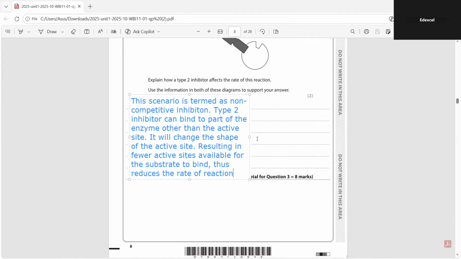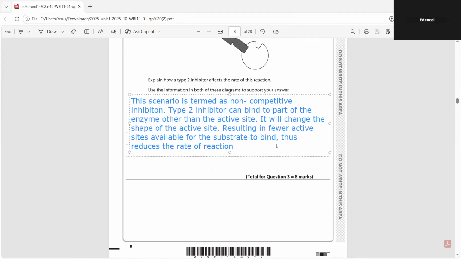You can even mention that since it changed the shape of the active sites, the substrate and the active site will not become complementary to each other. Thus, rate of reaction will decline also. So this scenario is termed as non-competitive inhibition, and it can bind to the part of the enzyme other than the active site.